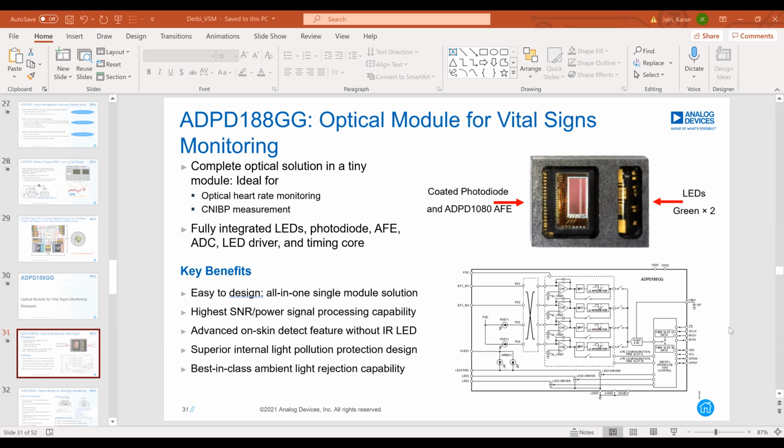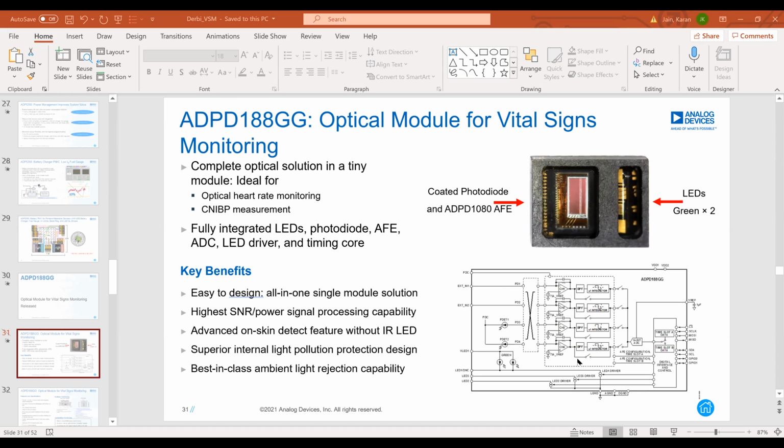So from the ADI side, this would be our offering. Right now we have developed one algorithm which shows the capability of how these sensors work in the actual world.